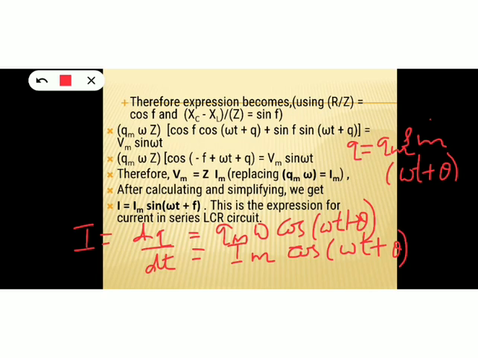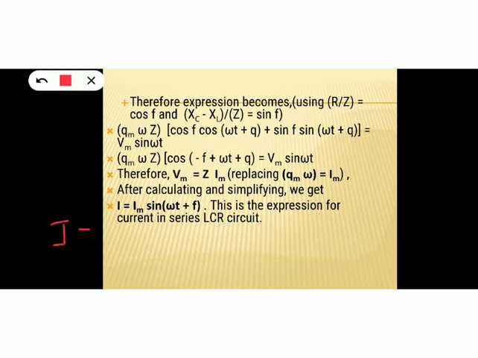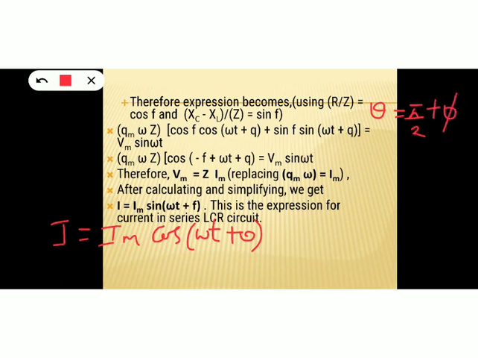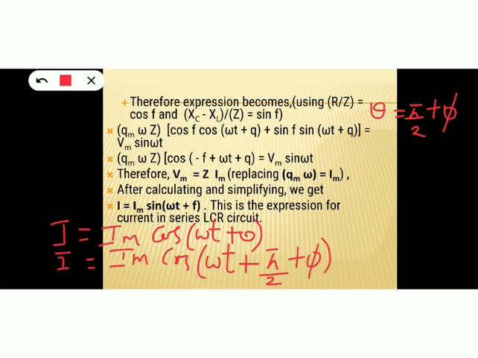Now, so we got current I is equal to im cos omega t plus theta, isn't it? And from the previous session we got an expression for theta. Theta is equal to pi by 2 plus phi, isn't it? So we can write current I is equal to im into cos omega t plus, instead of theta we can write pi by 2 plus phi.